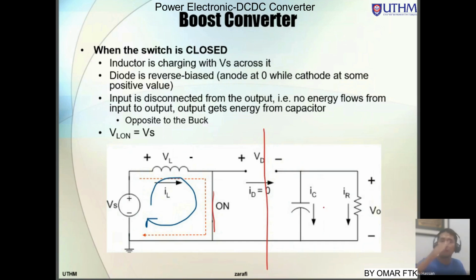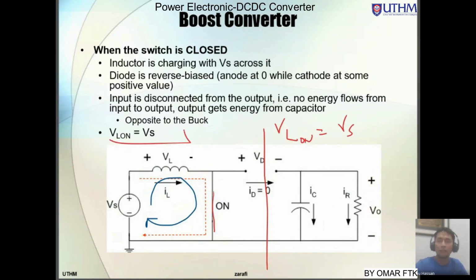During that time, the capacitor will be discharging and the voltage drops. During the switch closed, the inductor voltage V_L(on) will be equal to the supply voltage Vs.